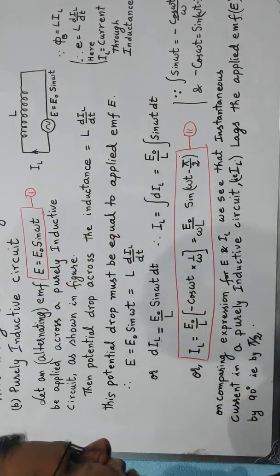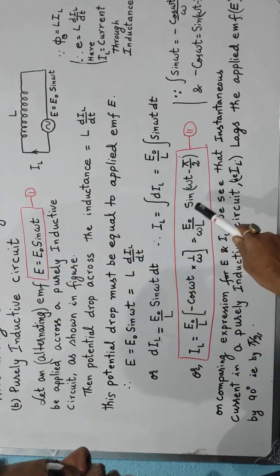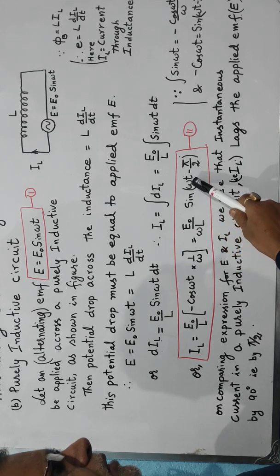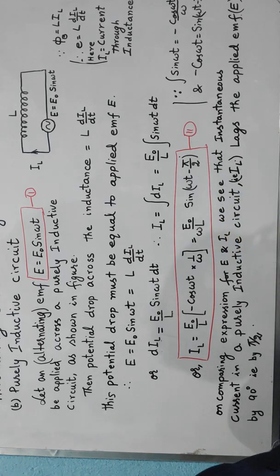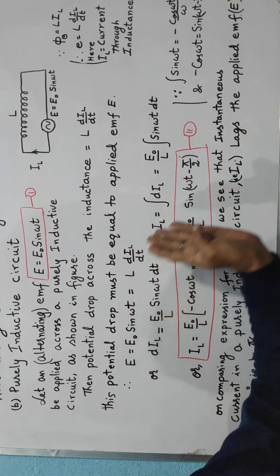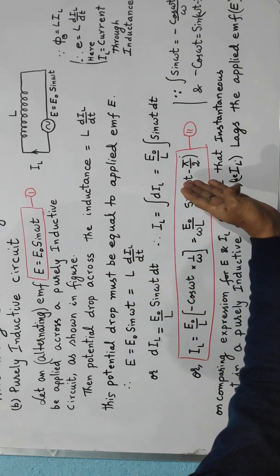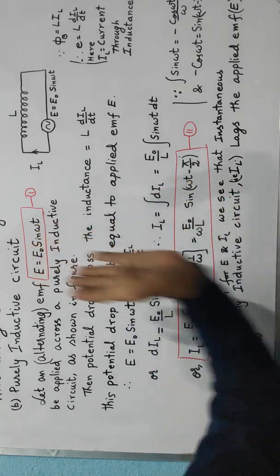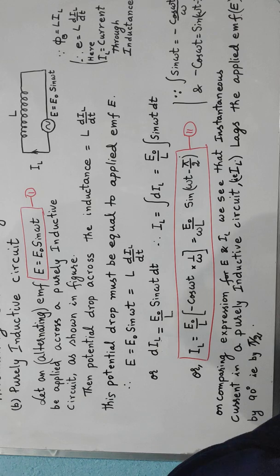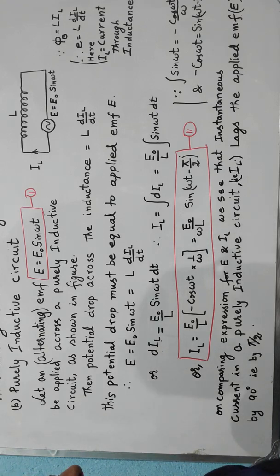At the same time, the phase of current flowing through the inductive coil is omega t minus pi by 2. That means the phase of the current is lagging behind the phase of the applied EMF by 90 degree, that is pi by 2.